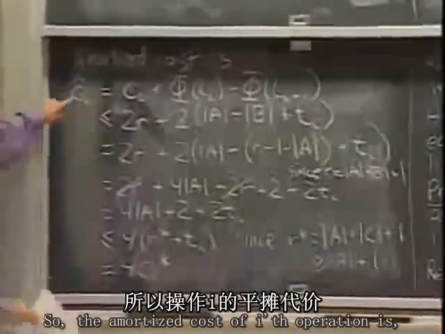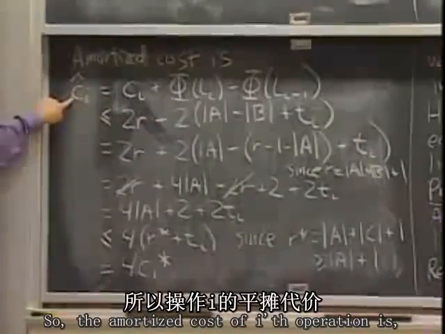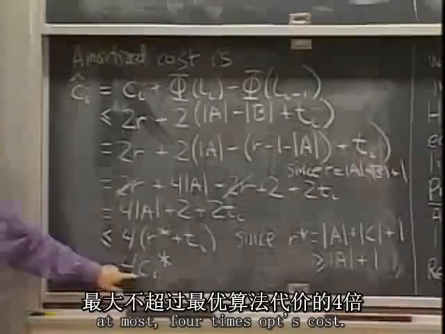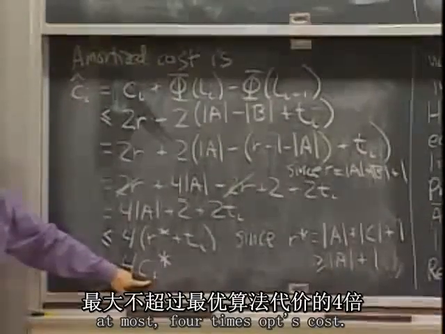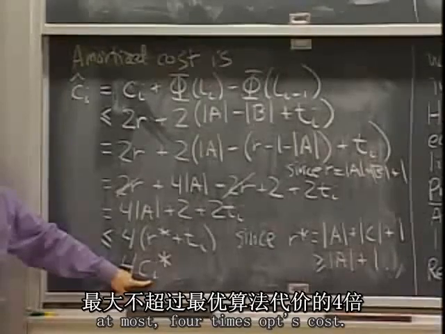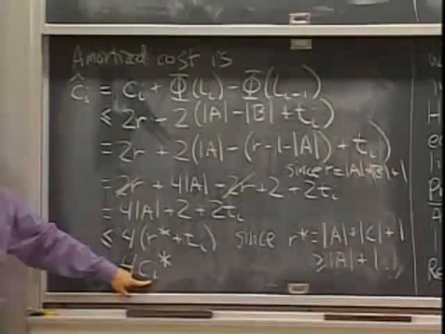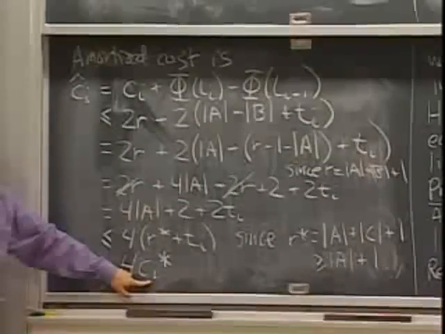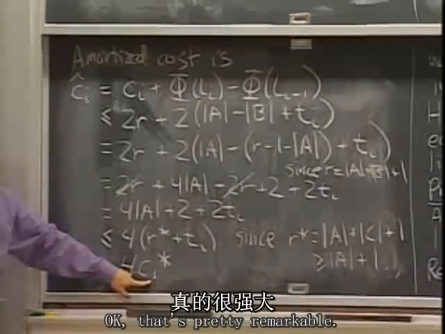So the amortized cost of the ith operation is at most 4 times ops cost. That's pretty remarkable.